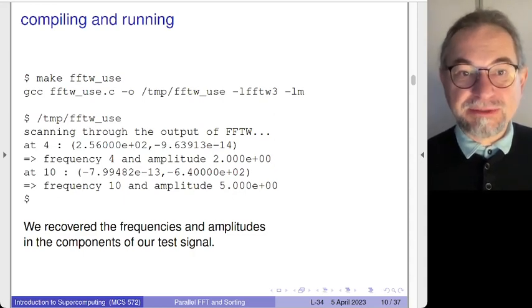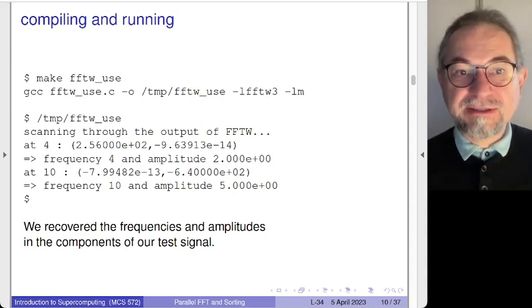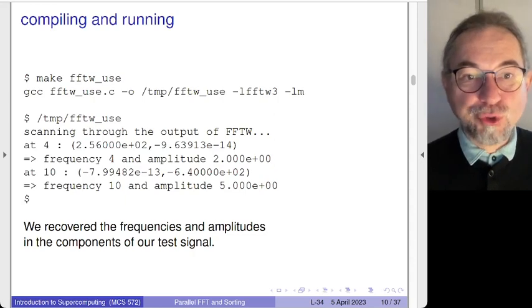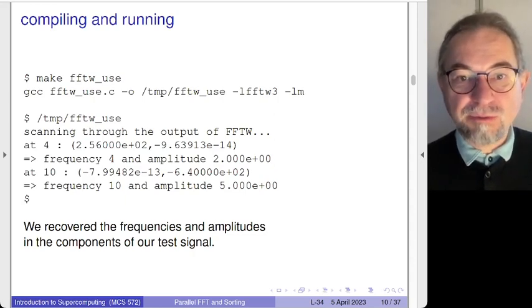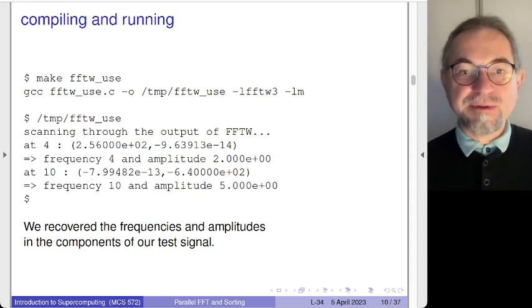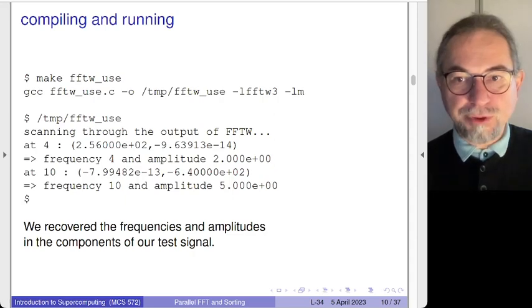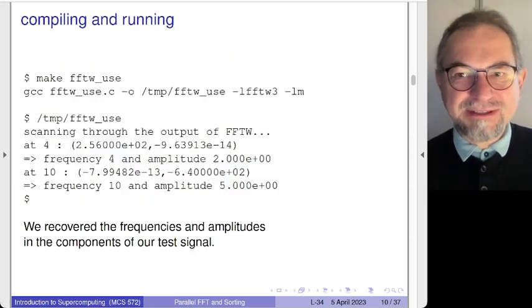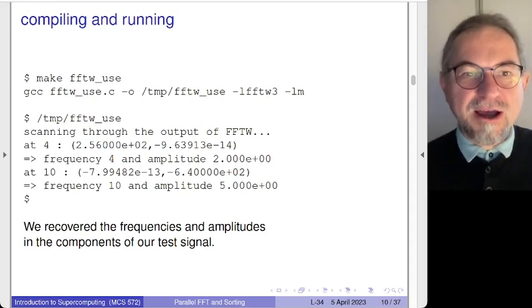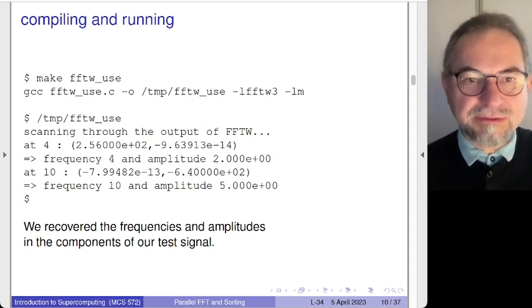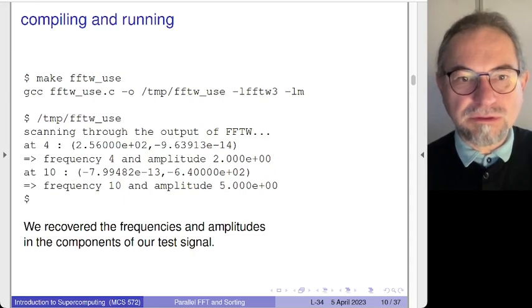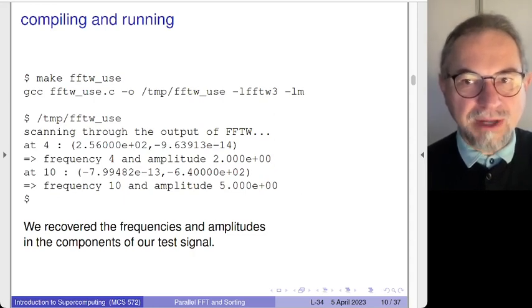So here is what comes out. We see the amplitude and the frequency. If you would plot, and I don't think I have made a plot, I should have made a plot, but in C it's not as straightforward, but I'm digressing.